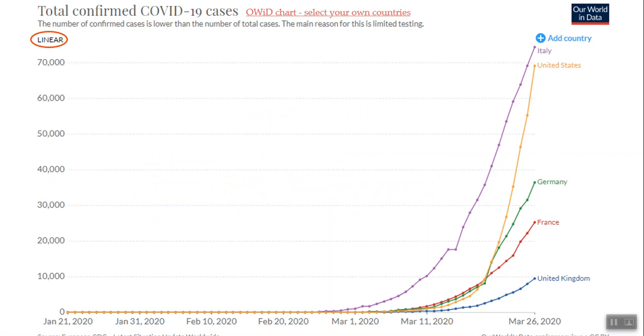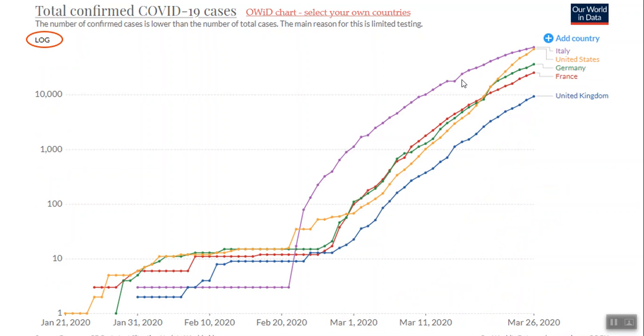So these are the total confirmed cases. Okay, here we can see the United States, we can see Italy, Germany, France, United Kingdom, and this was March 26th. This is a linear model. This is one case, one dot. Moving forward, we have something here called total confirmed cases, but now this is the logarithm. Okay, and we're going to go into that in just a moment.